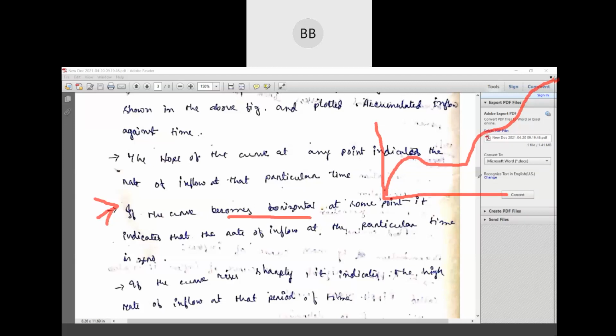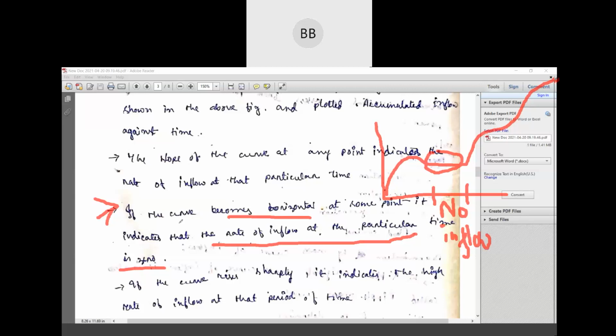In that horizontal part, the rate of inflow at that particular time is zero. If it is horizontal, we have no inflow, which means there is no discharge for that time period.